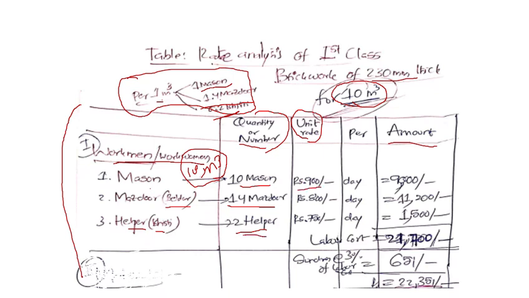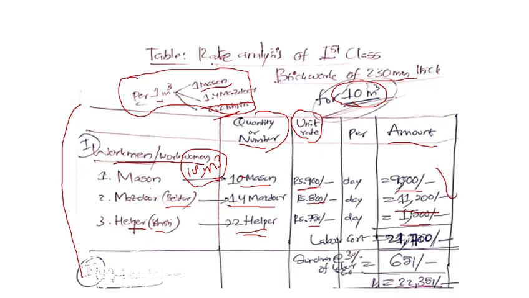900 is the present market rate of mason, 900 rupees. 800 is the present market rate of mazdoor, 800 rupees, and 750 is the helper rate. It is per day. So 10 into 900 is equal to 9,000, 14 into 800 is equal to 11,200, and 2 into 750 is equal to 1,500.